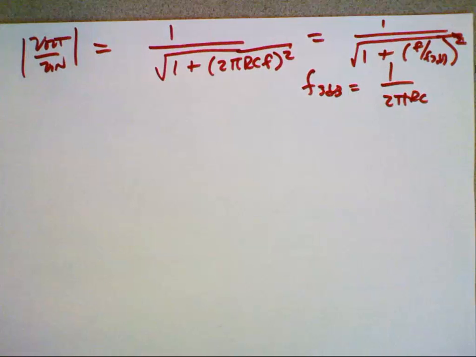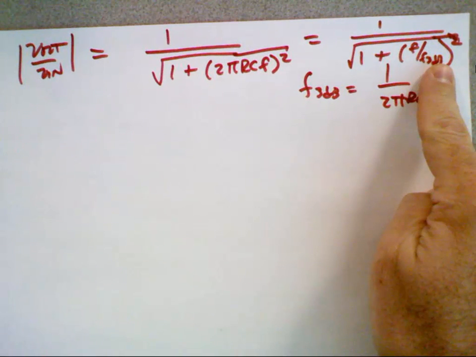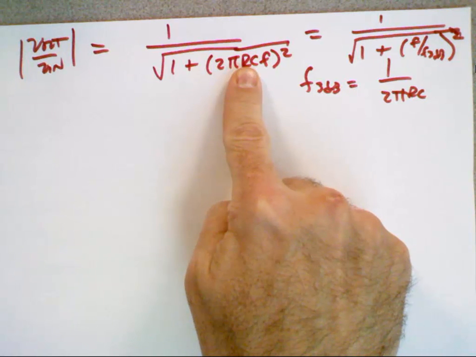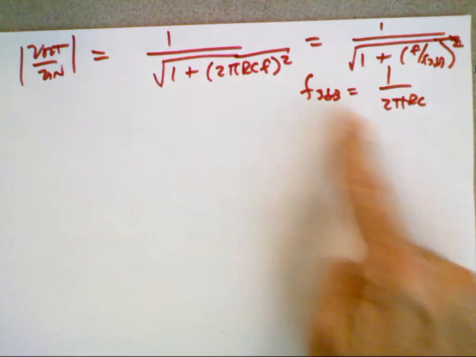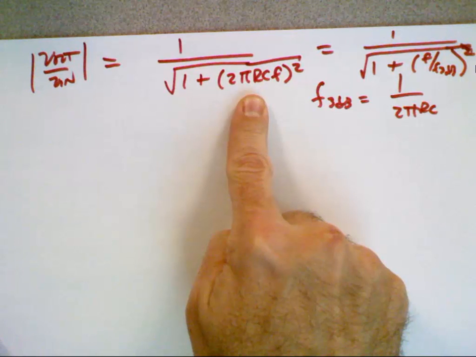Okay, does anybody disagree that if I plug F 3 dB in here, that I'll get exactly this equation here? Just plug this into here, flips up, and I get the exact same equation here.